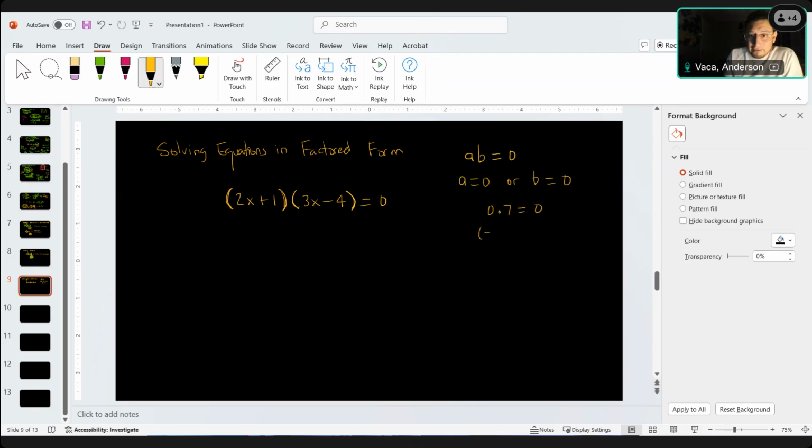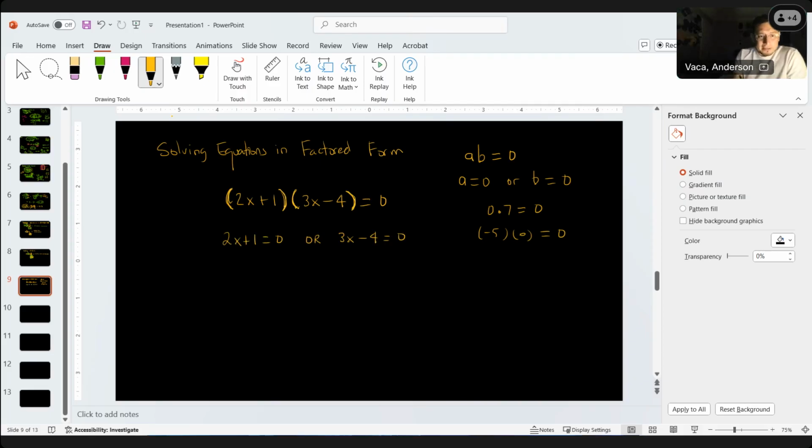Or -5 times 0, that's 0. So that's what I'm trying to tell you here. When we understand that there is a multiplication of two items that equals 0, it can only mean that either this quantity here is equal to 0 or that this other quantity is equal to 0. Okay?